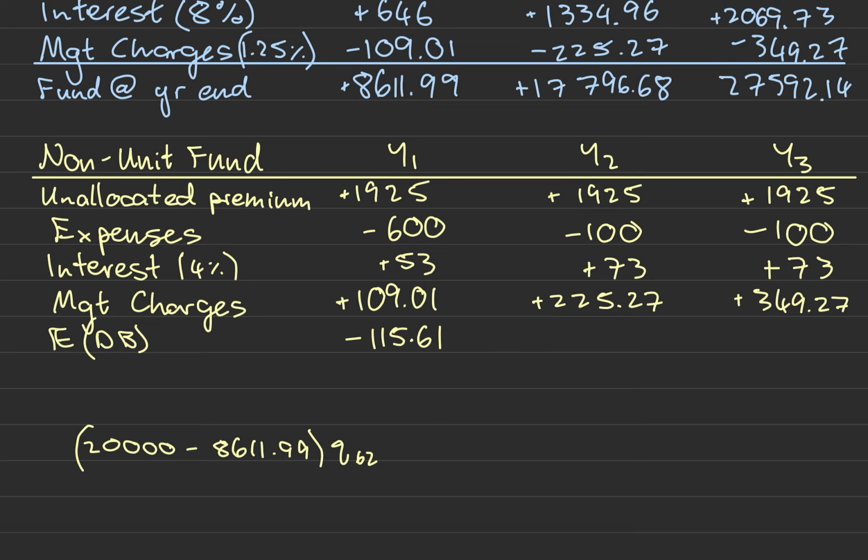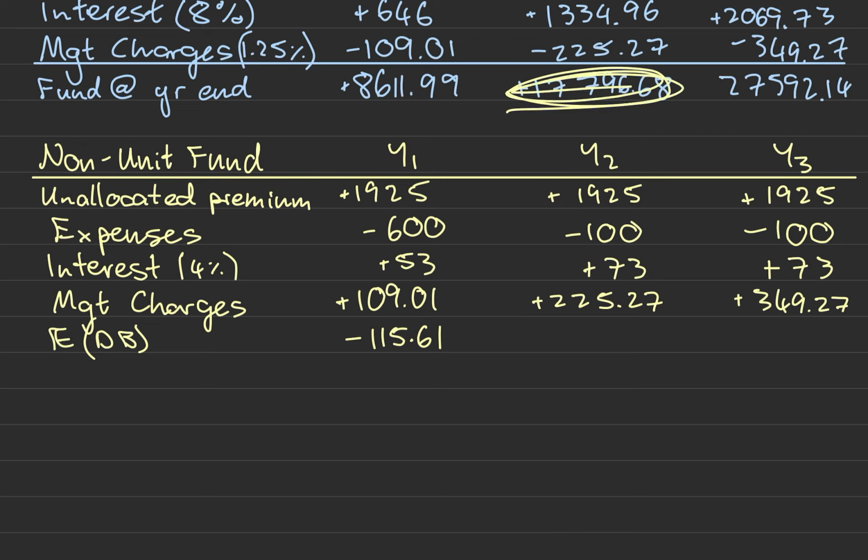Okay, fine. Next year, what happens? Well, the fund is sitting at 17,800 and the death benefit is 20,000. So if he's sitting at 17,800 and I'm paying 20,000, then I have to pay in that difference.